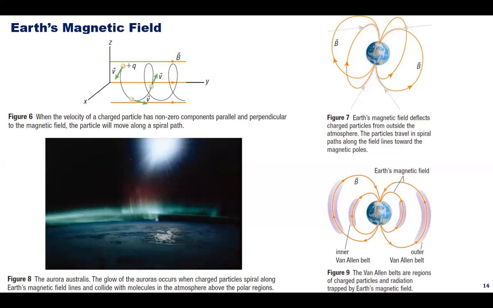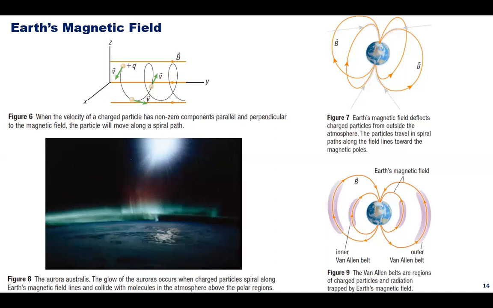Most intense over the equator, the belts are almost absent over Earth's poles and consist of an inner region and an outer region, which is shown here in figure 9. The outer belt contains charged particles from the atmosphere and the sun, mostly ions from the solar wind.